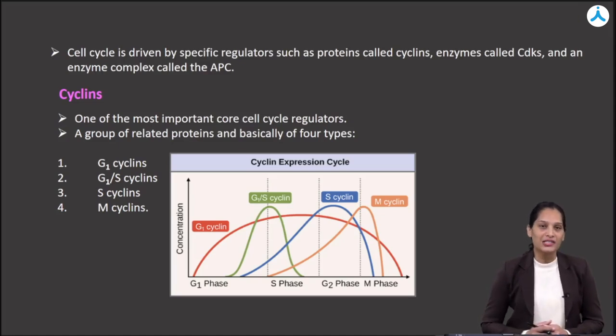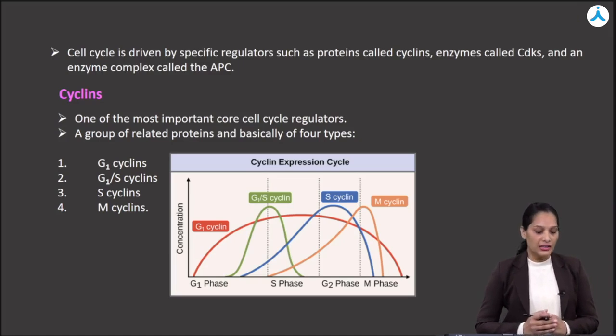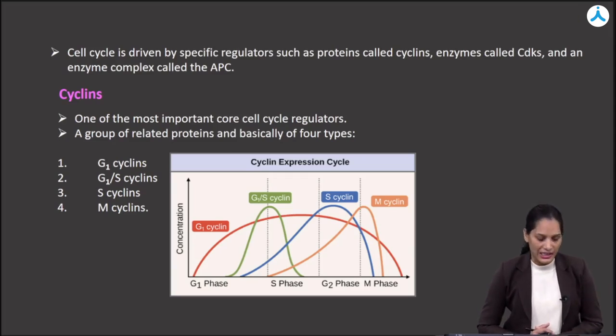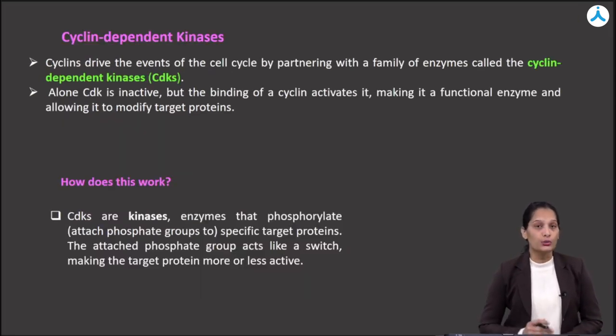They are not constant. So there are specific cyclins for every phase, like G1 cyclins, G1S cyclins, S cyclins, and the M cyclin. These cyclins do not work alone. These cyclins work with CDKs. What are these CDKs? Cyclin dependent kinases.